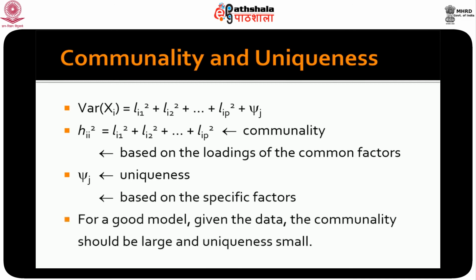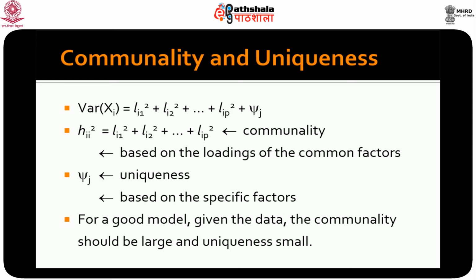One is the component given by the loadings, and the second component is the component coming from the variance of the specific factors. The first component, this sum, is referred to as the communality, and the second component, the psi i, is referred to as the uniqueness.